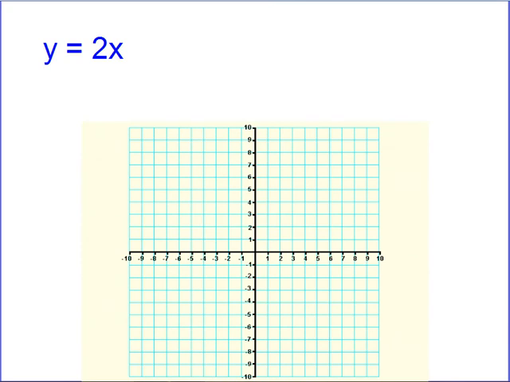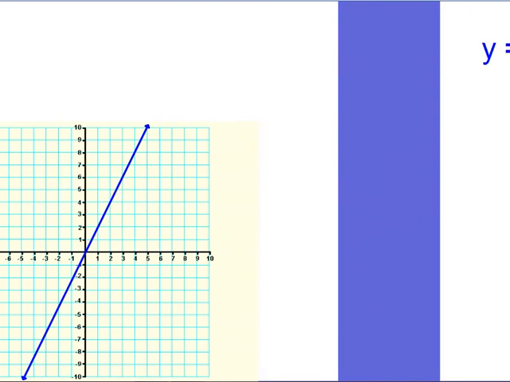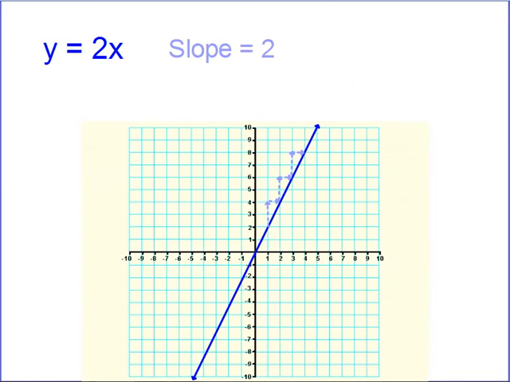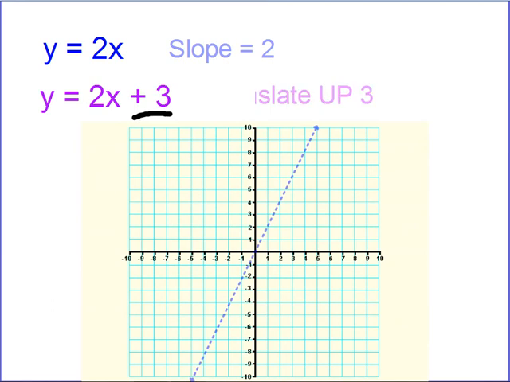So we're going to start off with the equation y equals 2x. Here's the line that it makes, right? Our slope is 2. We went up 2 every time we went right 1. Now look what happens when we add 3 on the end of that equation. This is a translation.